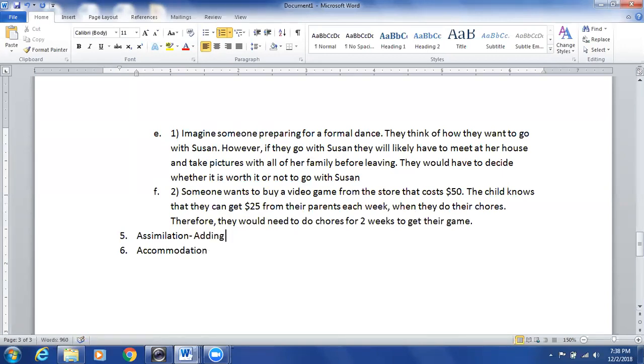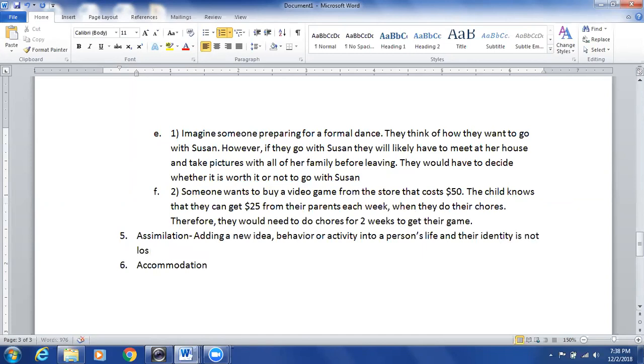Assimilation is adding a new idea, behavior, or activity into a person's life, and their identity is not lost from the introduction of the new ideologies.